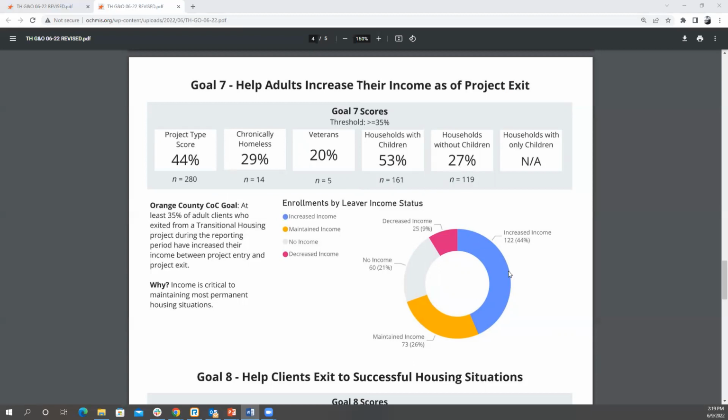And almost 75% of the clients included in the measure either had an increase or they maintained their income, which is good. Has anyone experienced this with households with children versus households without children, and why households with children are exiting with increases in income where households without children are not? Anyone have thoughts on that?